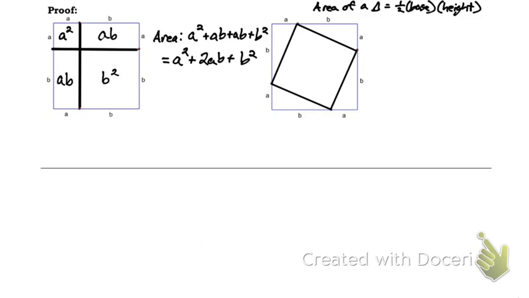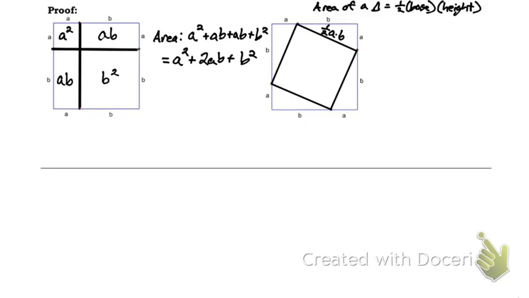That means each of these triangles is 1/2 our base times height. Let's call A our height in this case. So this triangle in the top right, the area is going to be 1/2 A times B. Does everyone understand where I got that from?